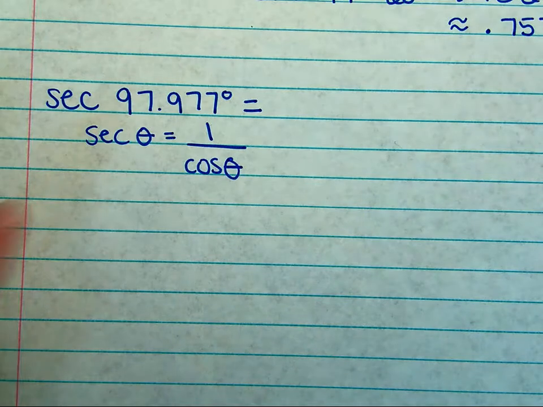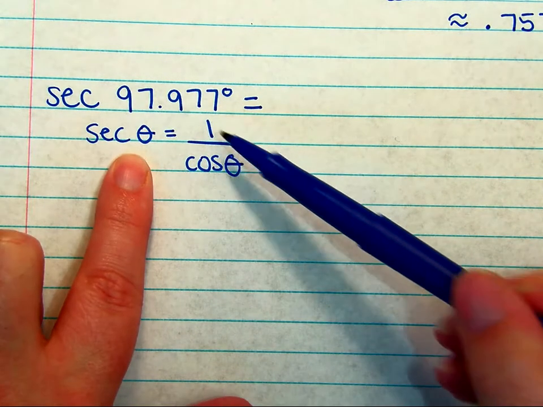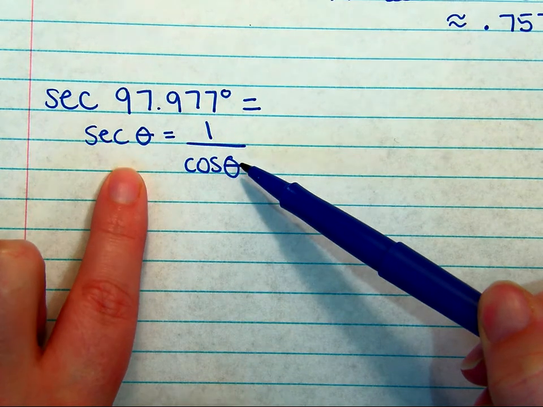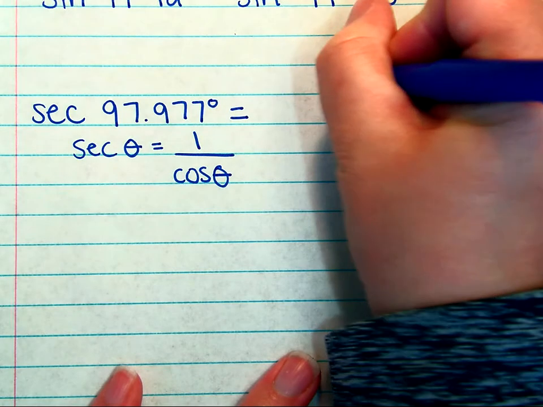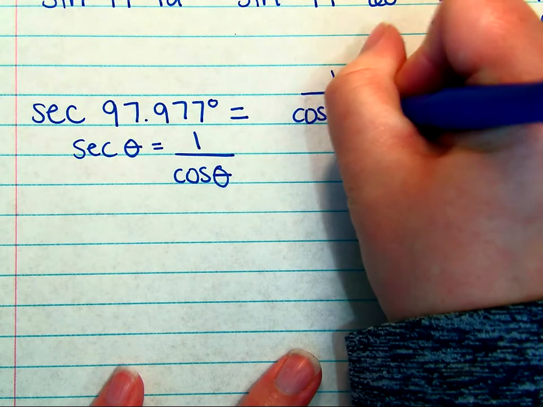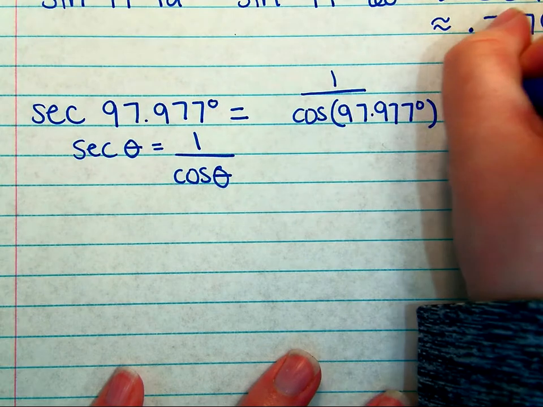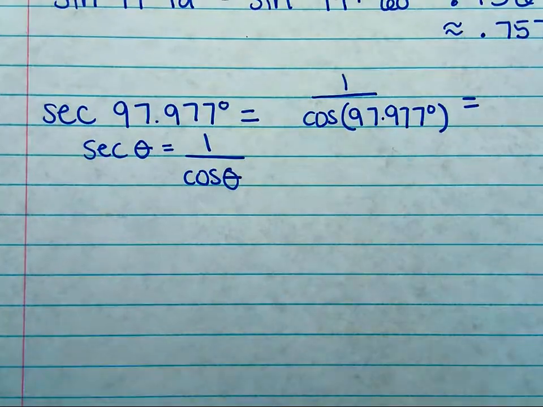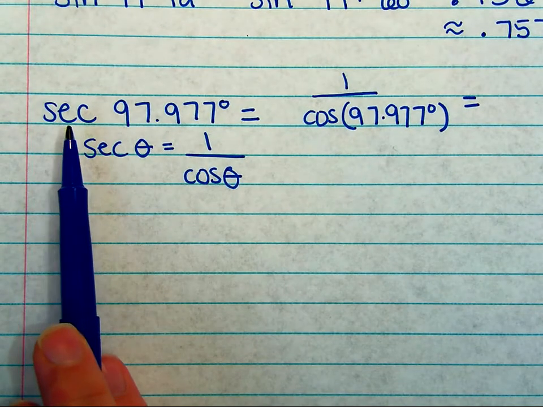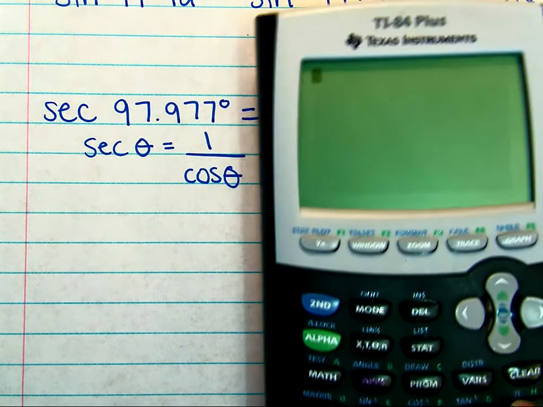All right, so if I want to know the secant of an angle, that's equivalent to 1 divided by the cosine of that angle. So this is really going to be 1 divided by the cosine of 97.977. Okay, so pay attention when you're given these reciprocal functions. It's not an inverse. Do not use the inverse button. So now I'm just going to use my calculator to evaluate.